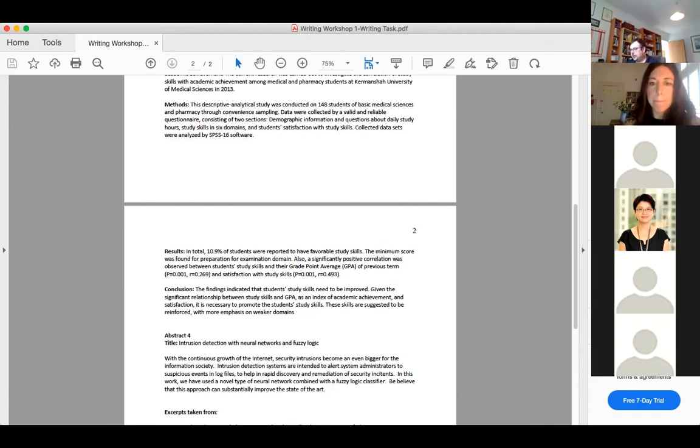So this is "security intrusions becoming even bigger for the information society." You think we probably should have said bigger threat or bigger issue, but it doesn't say. So that one for me was obviously the least good one.